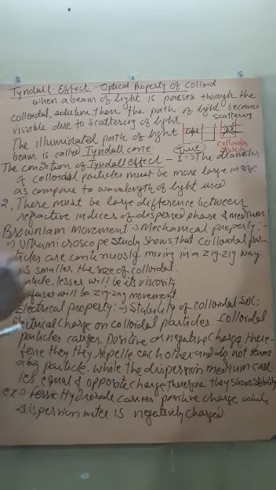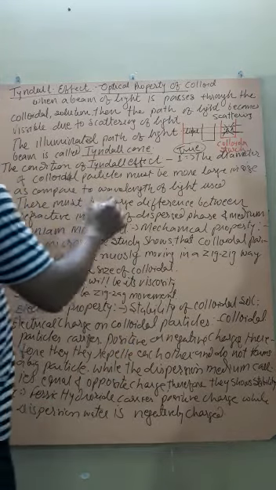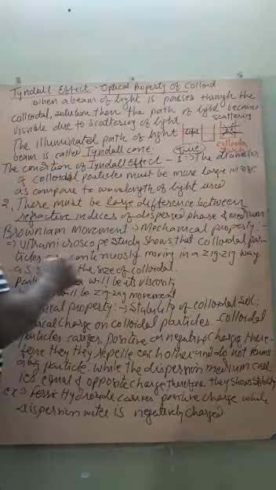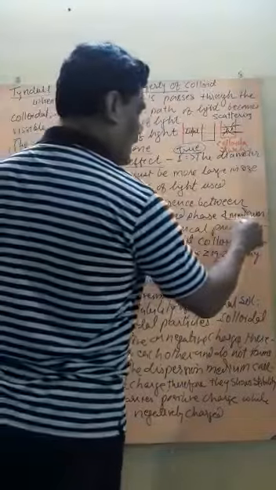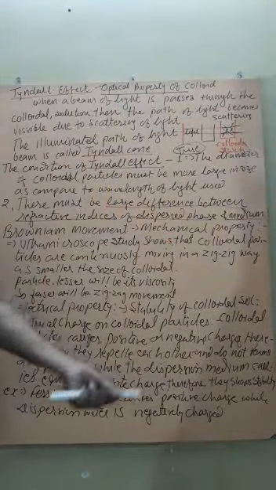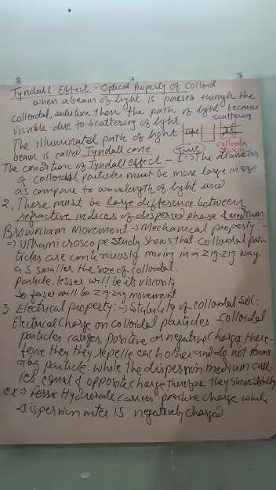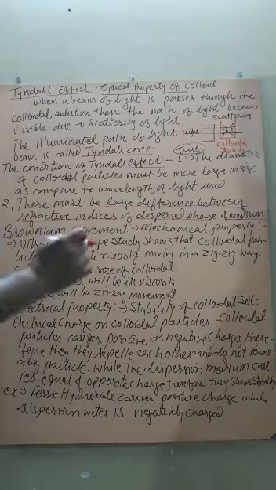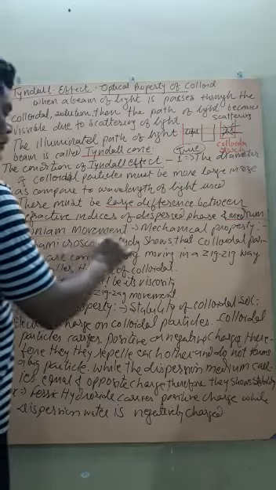And the second one is, there must be a large difference between the refractive indices of the dispersed phase and the medium. If there is a large difference, we can observe the Tyndall effect, otherwise the Tyndall effect will not be observed.